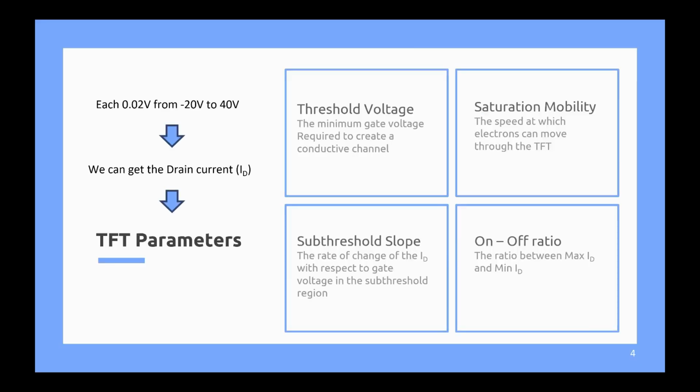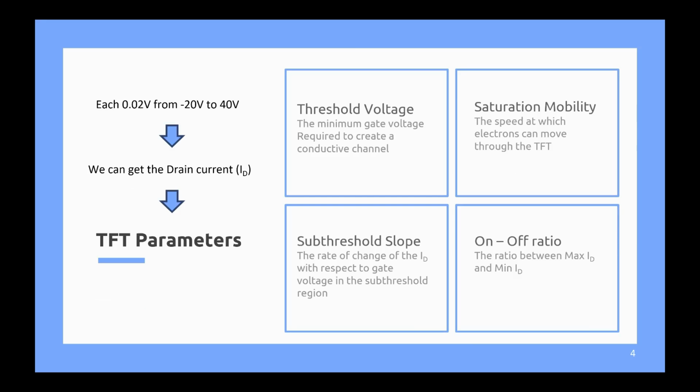Through a total of 20 experiments, we were able to obtain electrical data measured using a semiconductor parameter analyzer from 966 TFT devices. For the measurement, the drain current was measured according to the gate voltage change at 0.02 volt intervals for each TFT, from minus 20 volts to 40 volts.